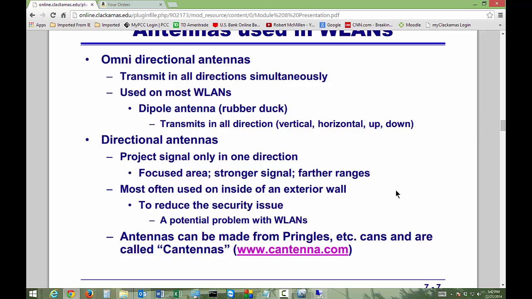It's very focused. You end up with a stronger signal because of that, and it will go farther as well. But of course, if you need to have it go in different directions, then you're not going to get that because it's just directional. It's most often used inside of an exterior wall. So if you're going to be in a corner, this is a great place for a directional antenna.